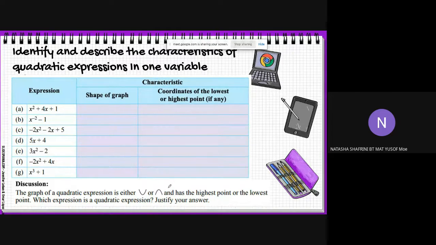Cikgu bagi awak masa. Tulis A sampai G tu. So kita akan identify nanti, describe the characteristics of quadratic expression in one variable. A till G are the examples of quadratic expressions in one variable.